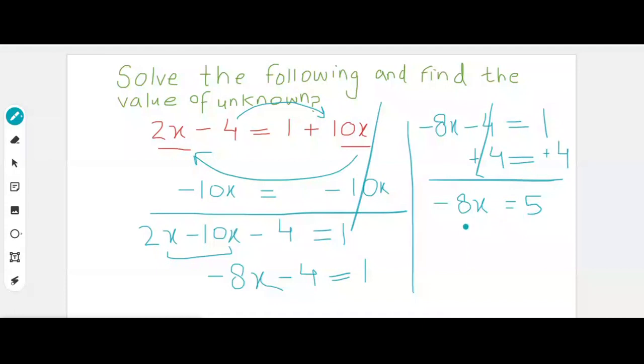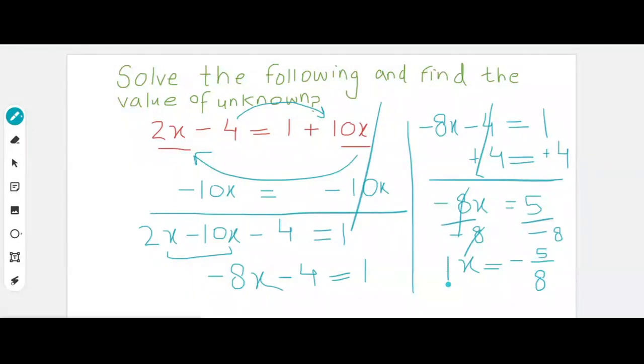Now the last step is to shift negative 8 to the right hand side of the equation. And how can we do it? We can simply divide by minus 8 on both sides. So on the left hand side, this 8 will be cancelled and x is left, and x is equal to minus 5 over 8.